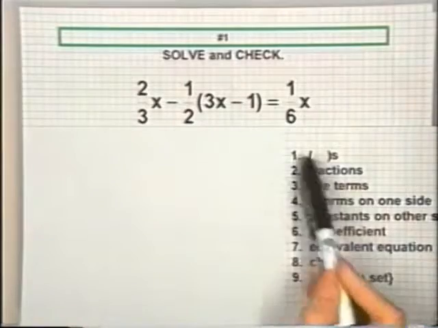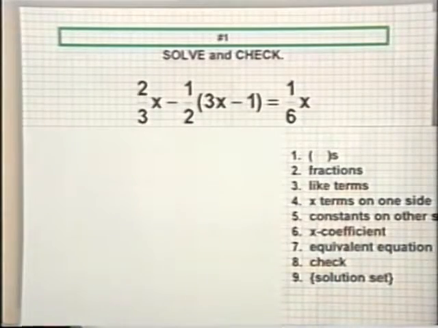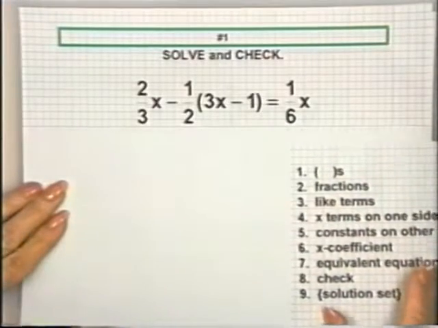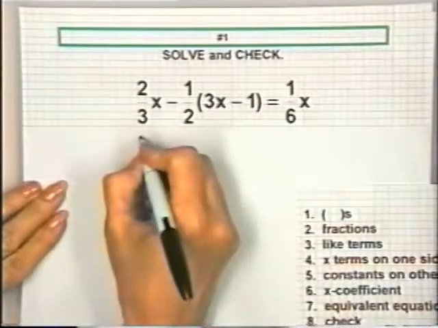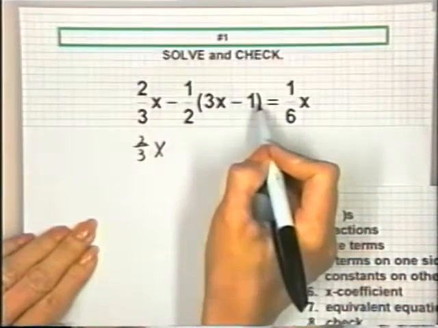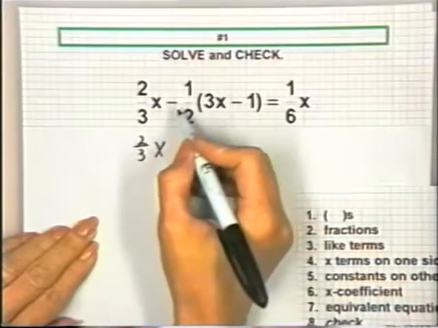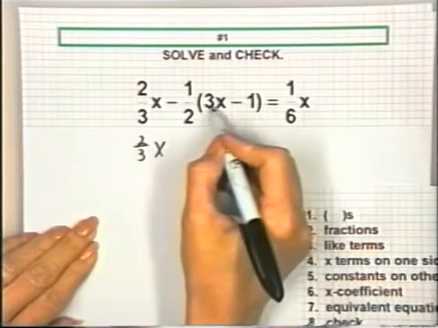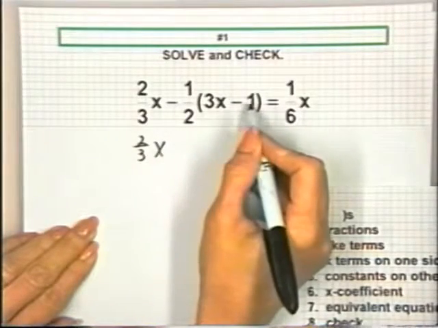My steps say to first remove the parentheses and then to take care of the fractions. So let's remove the parentheses. 2/3 x. When I get ready to remove this parenthesis, I distribute the -1/2 to the 3x and to the -1.